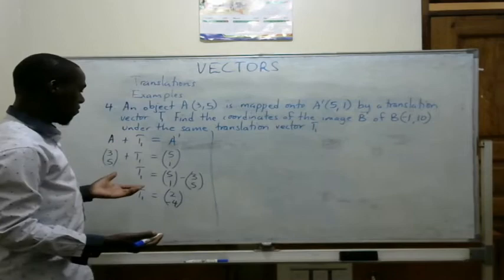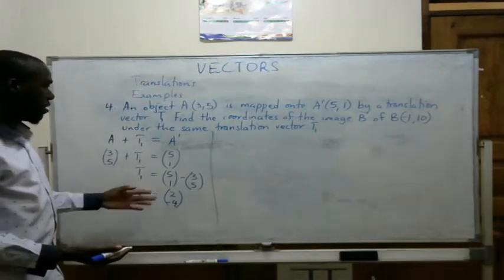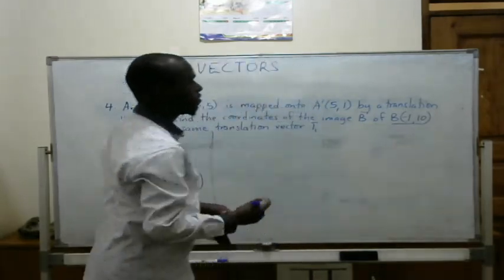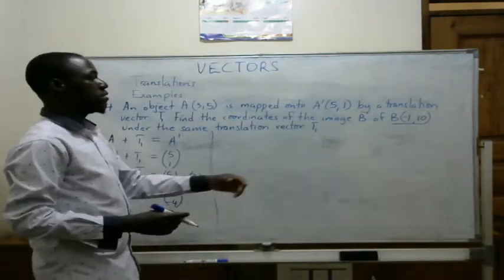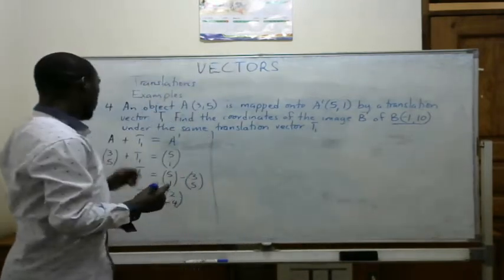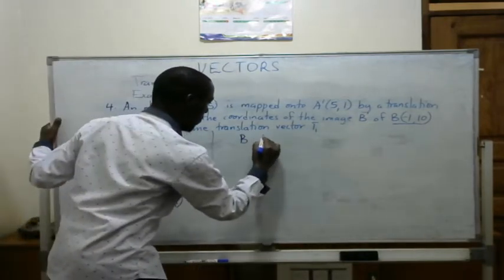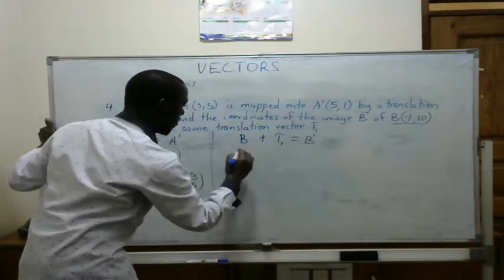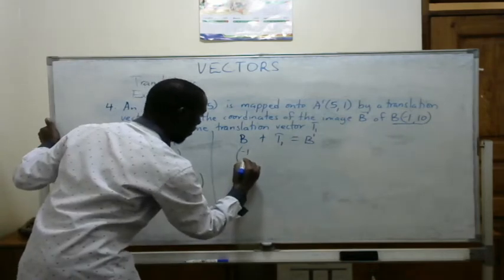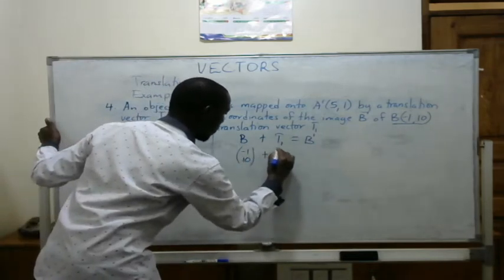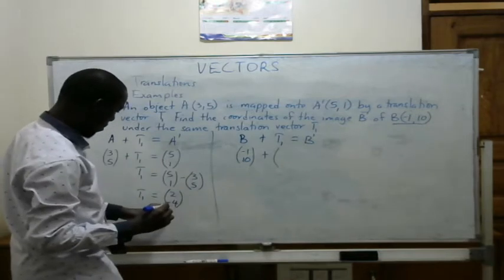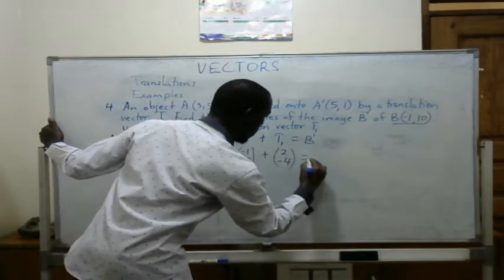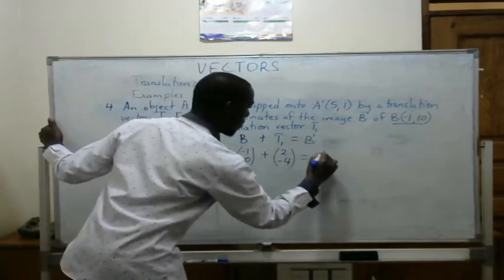Then from there, I'm going to use this translation vector because they are saying it is the same vector that translates B onto B prime. So my B plus T1 is equal to B prime. B is negative 1, 10 plus this one here, 2, negative 4, the translation vector, should give me B prime.